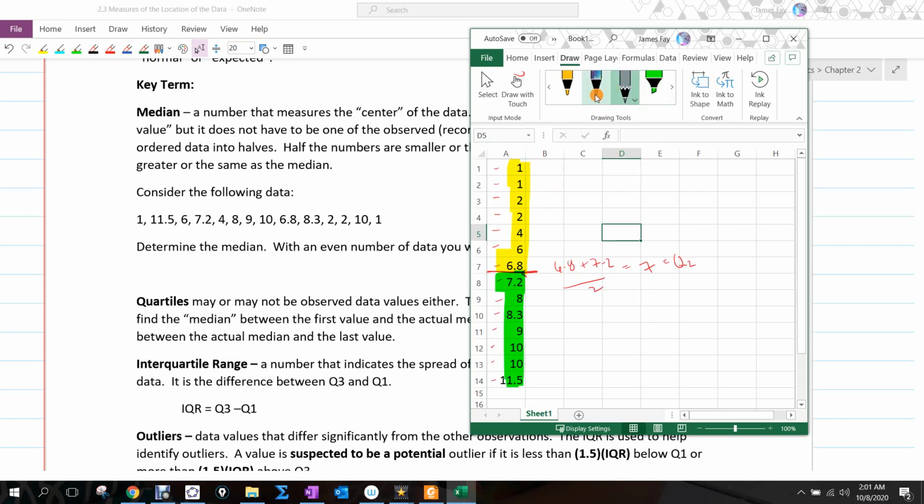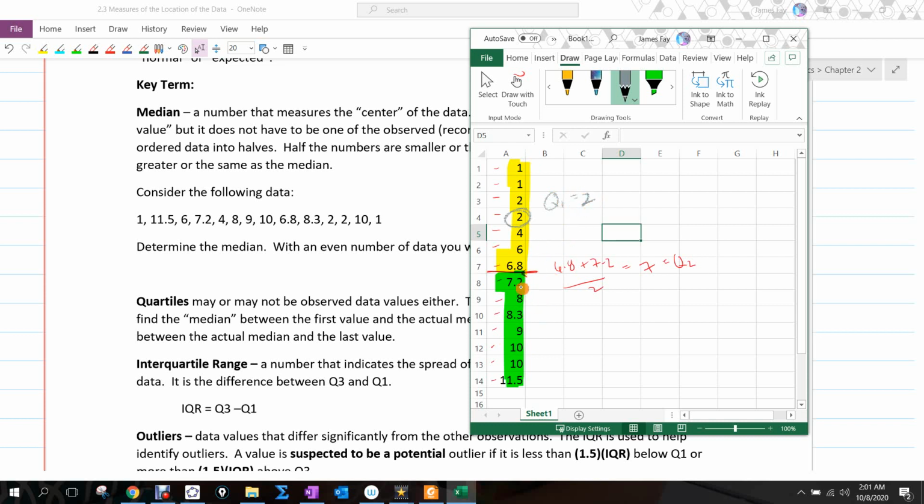To find Q1, I'm going to do the same thing, and find the middle value in this list here. The middle value is 2. That's the median of the yellow piece of data. So Q1 is 2.